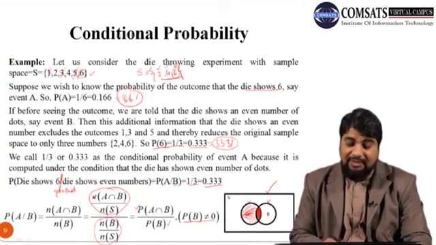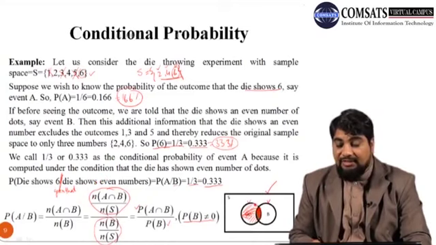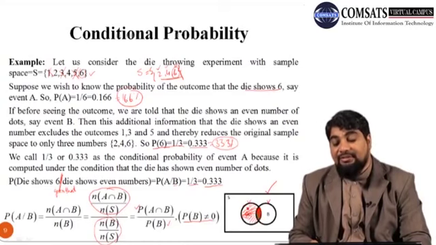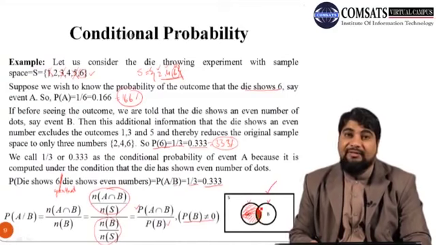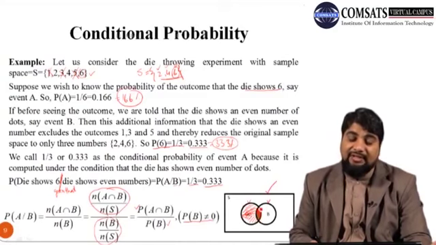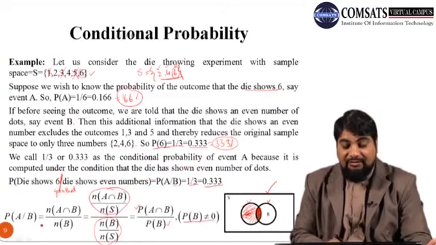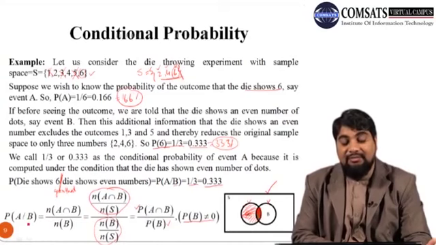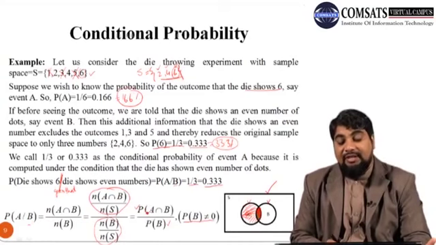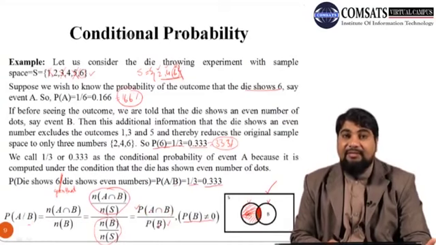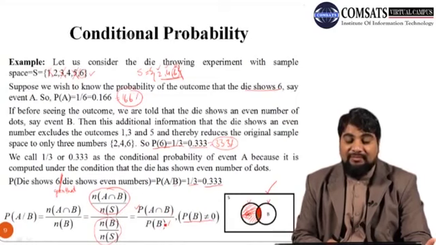Previously in this Venn diagram the sample space was the full event A, but when we have the additional information, the sample space is reduced to only the area common to A and B. This is how conditional probabilities are calculated. The simplified formula is: the probability of A given B is the probability of A intersection B divided by the probability of B.